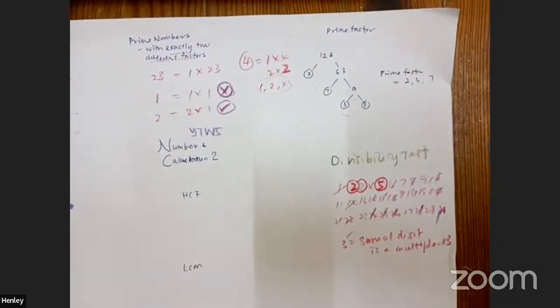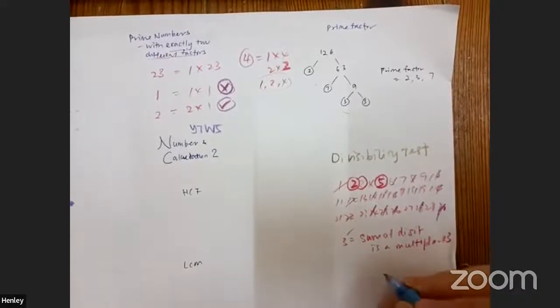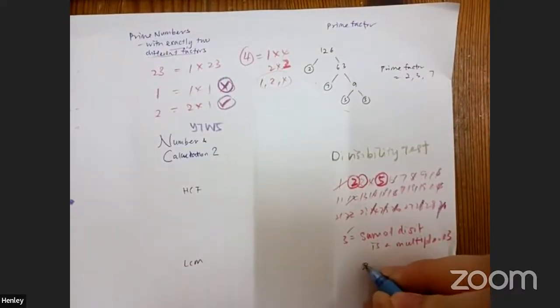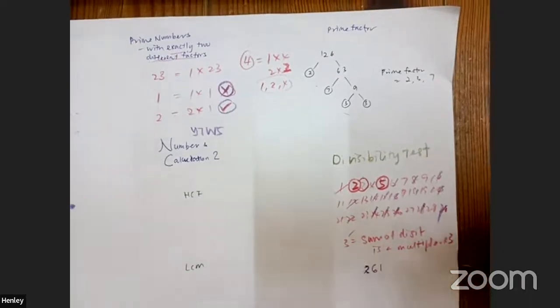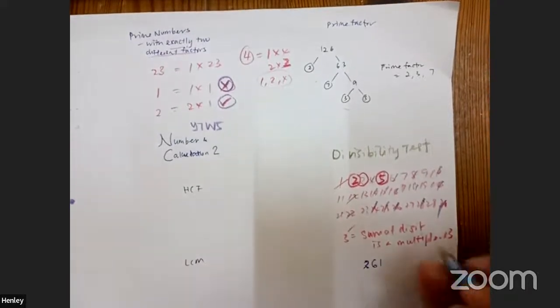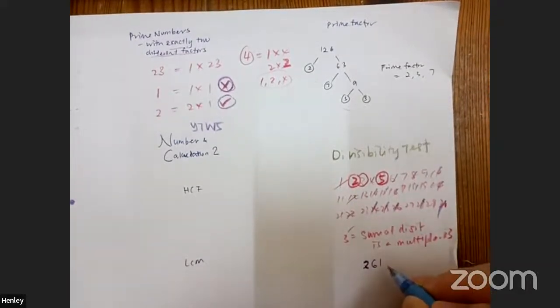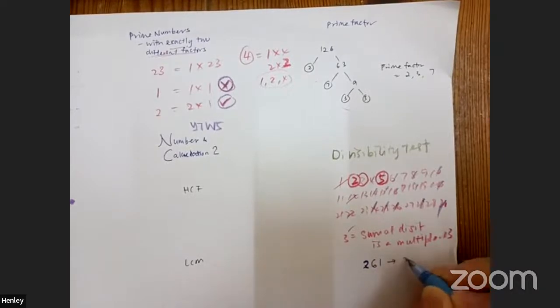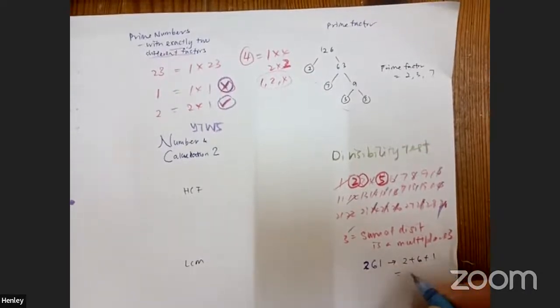What I want to show you is, if I give you a big number such as 261, is this a multiple of 3? What we should do is add 2 plus 6 plus 1, and I get 9.